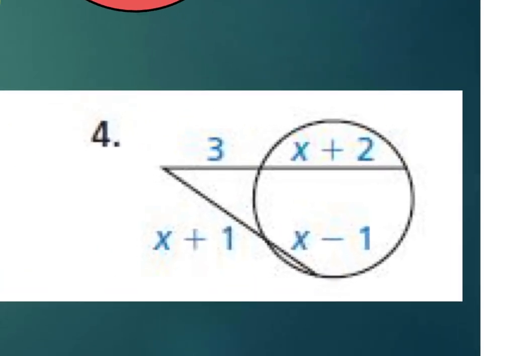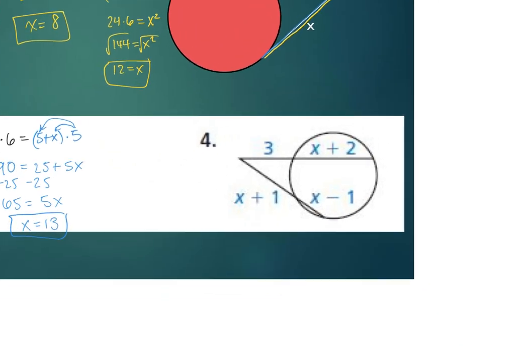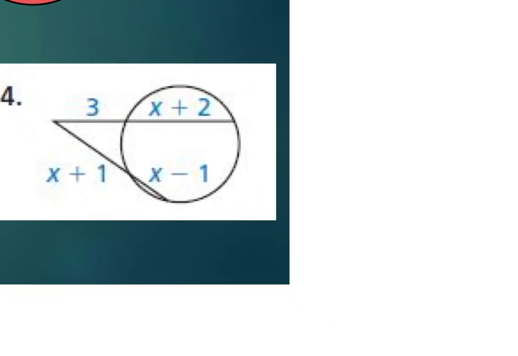Correct. Now, number 4, right? Even though it's very close, do you see how there is still an internal portion here? Yes, it's still a secant segment, okay? What would you guys do to set up number 4?